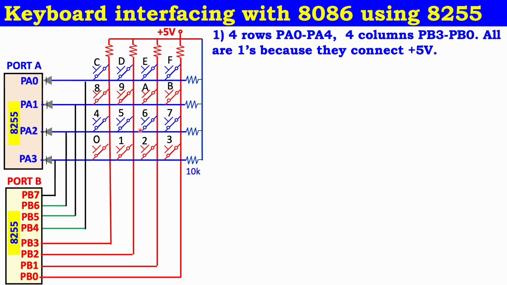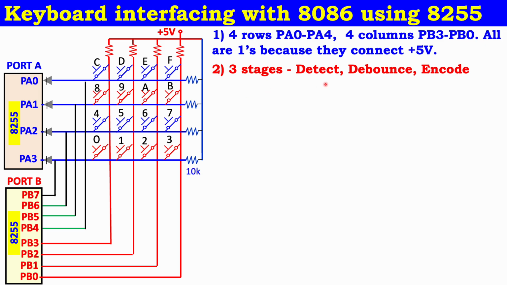All are 1 initially, so you can observe that there are all ones when the 5 volts are connected initially. Now how can you identify the key press when the user presses any key on the keyboard? Now let us see. The entire operation is understood in 3 steps or 3 stages.